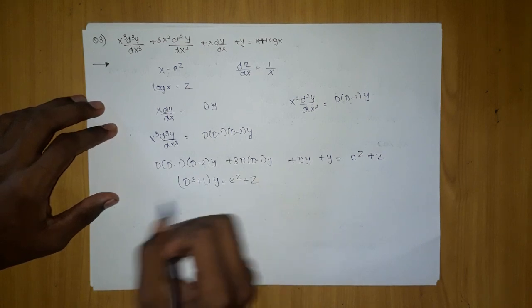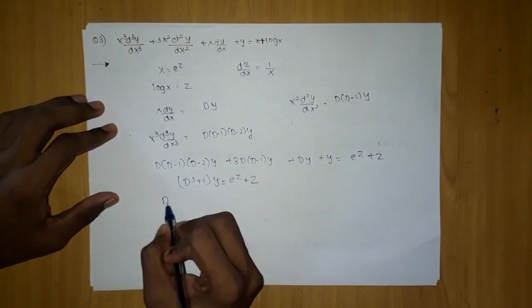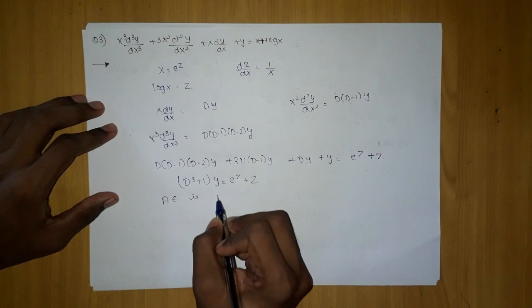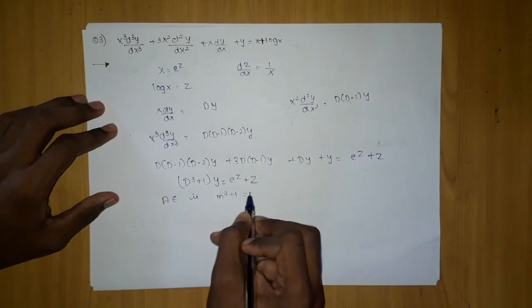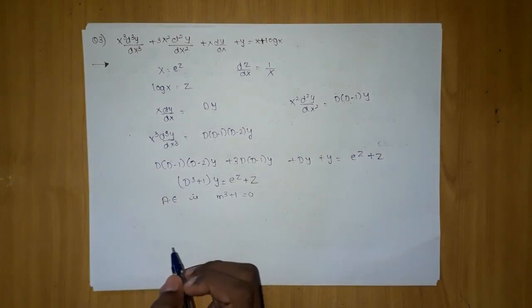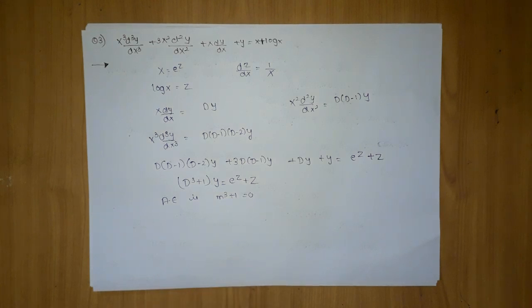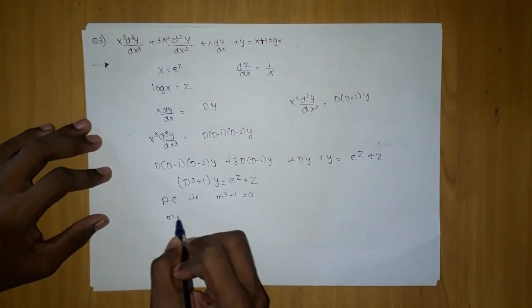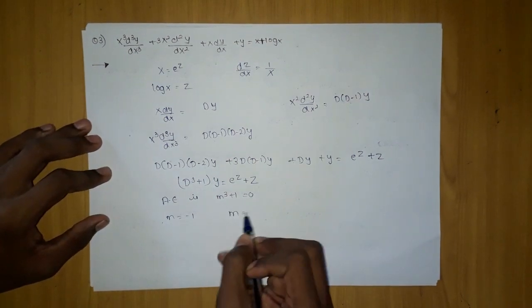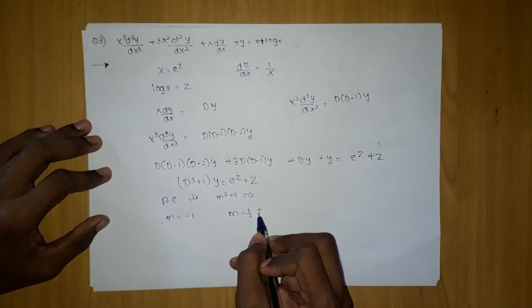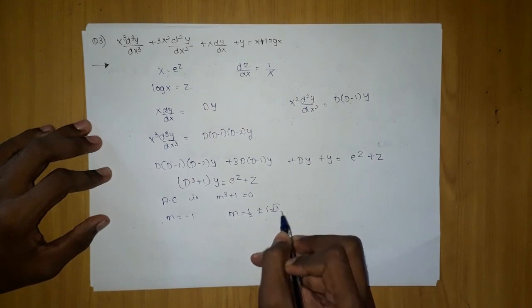After this we are going to focus on the auxiliary equation. The auxiliary equation is m cube plus 1 equal to 0, which you can open by a cube plus b cube, which is a plus b into a square minus ab plus b square. So you will get m equal to minus 1 and the others will be complex, which will be 1 by 2 plus minus iota root 3 by 2.